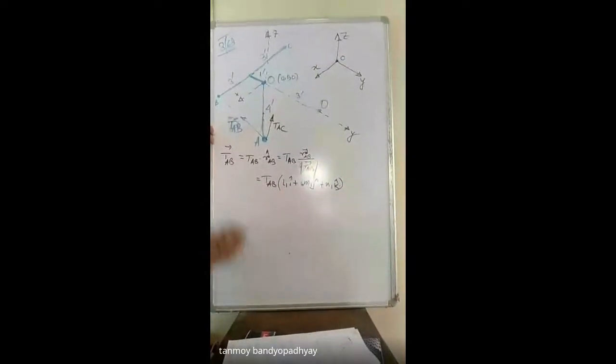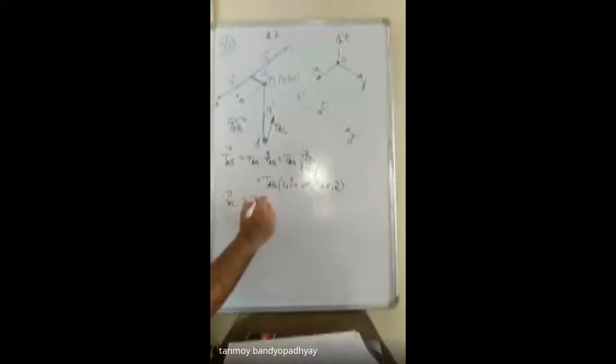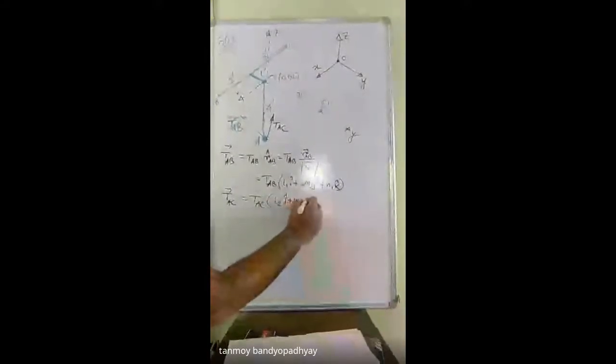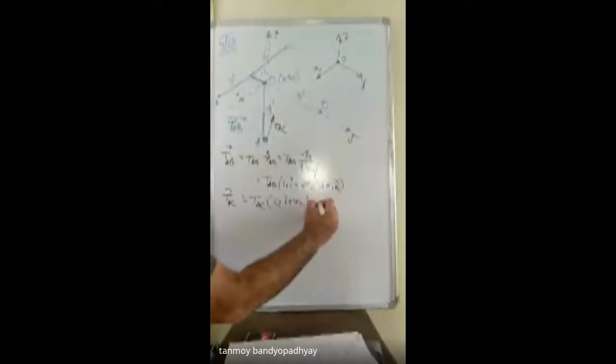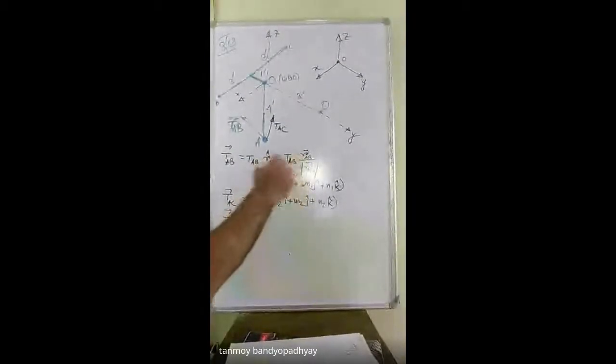So the next vector, TAB was done, next one was AC. So TAC vector, that should be equal to magnitude of TAC into L2 I cap plus M2 J cap plus N2 K cap.